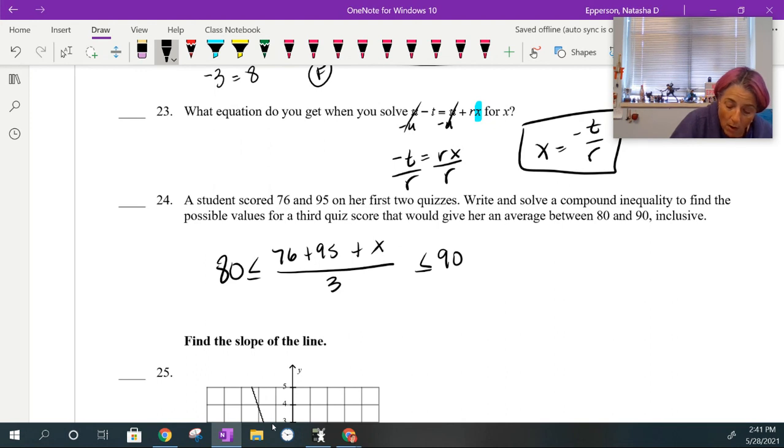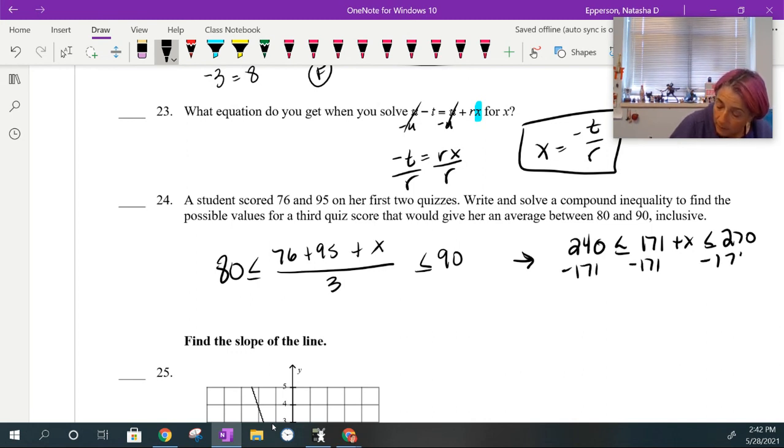I'm going to multiply all sides by 3. So this is going to become 80 times 3, which gives me 240, less than or equal to 76 plus 95 gives me 171 plus x, less than or equal to 90 times 3, which is 270. I'm going to subtract 171 from all 3 sides.